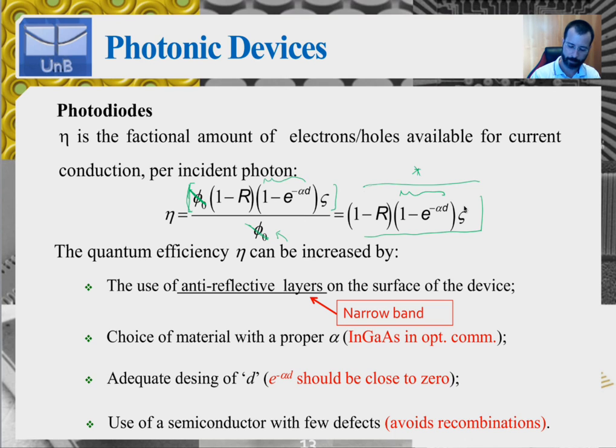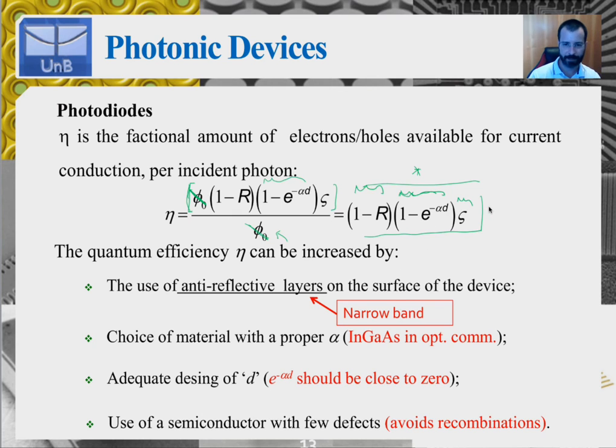So what we want is this to be close to 1, as close as possible to 1, and this term right here also close to 1, and this third term right here close to 1. And in order to make this term as close as possible to unity, we can choose the right material with the right attenuation constant and design the length of the device adequately, right?